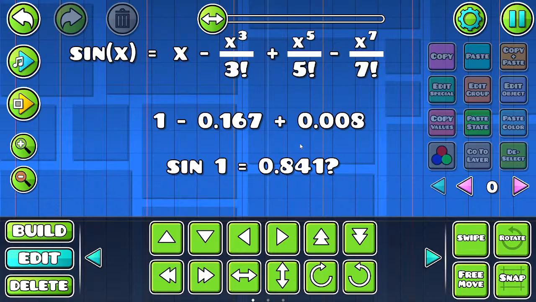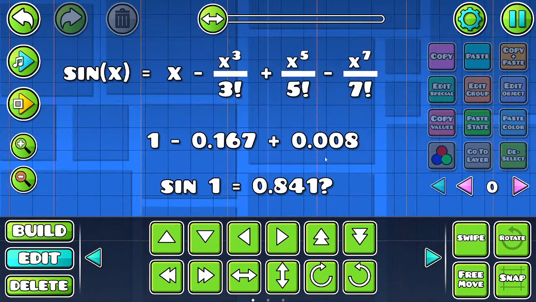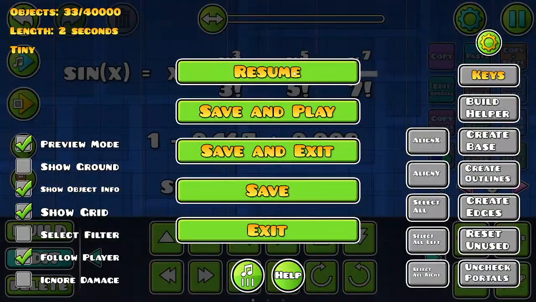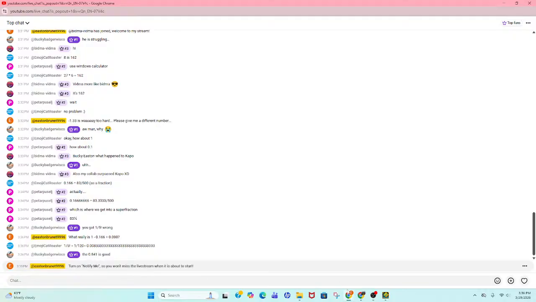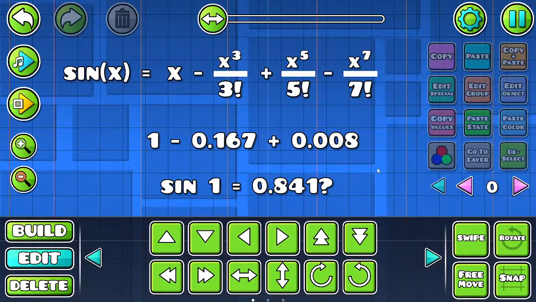I'm waiting for a response to see if I got it right. I think I should be right, okay? By the way, I'm gonna save my work so I don't accidentally lose it. All right, let's see. Okay, good. All right, I calculated the sine of a radian.